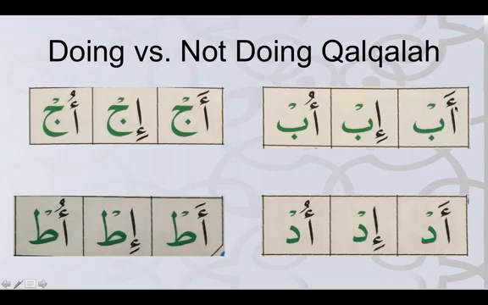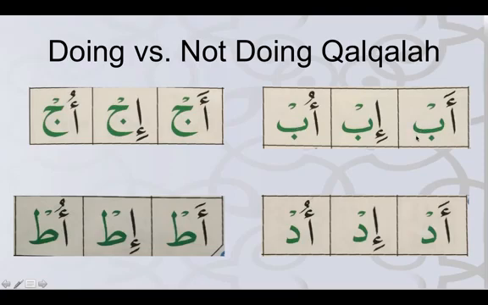Now I'm going to do it incorrectly. I'm not going to spell it out, I just want you to hear the incorrectness. Ab, ib, ub. Why is that incorrect?